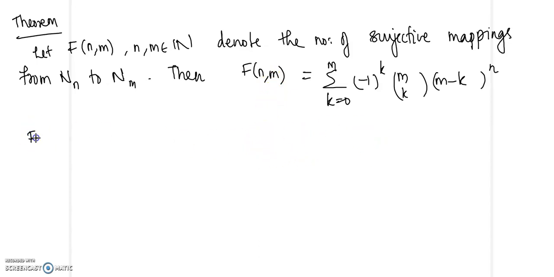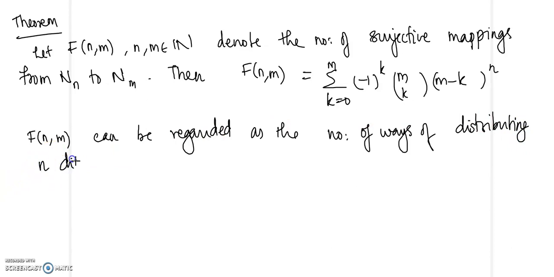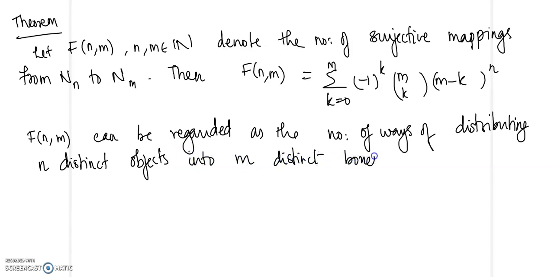So here f of n m can be regarded as the number of ways of distributing n distinct objects into m distinct boxes so that no box is empty.